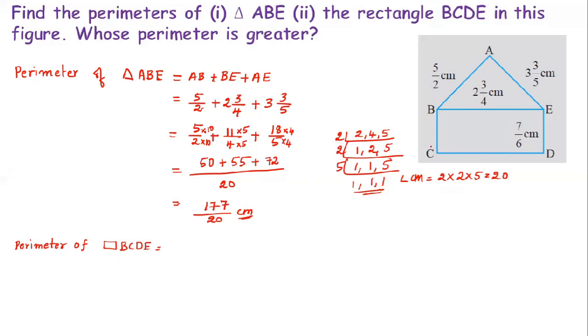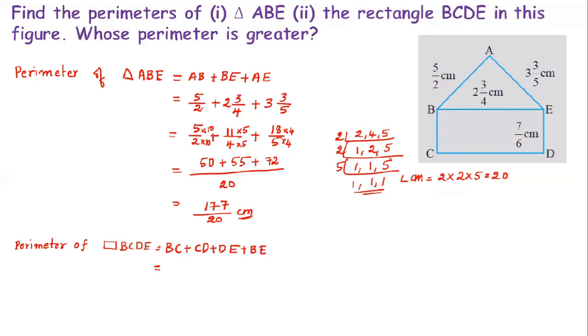It has 4 sides. Sides are BC, then CD, then DE, then BE. BC plus CD plus DE plus BE.